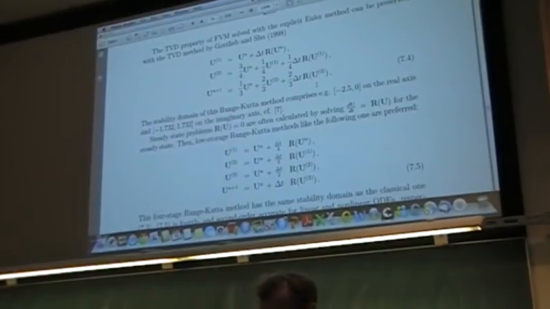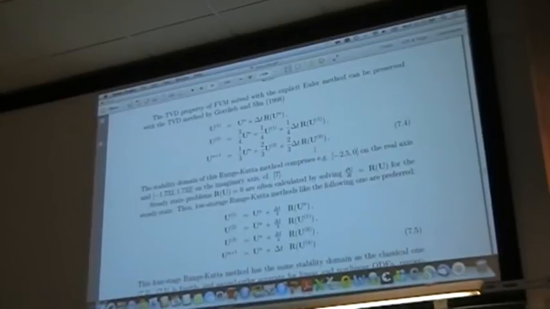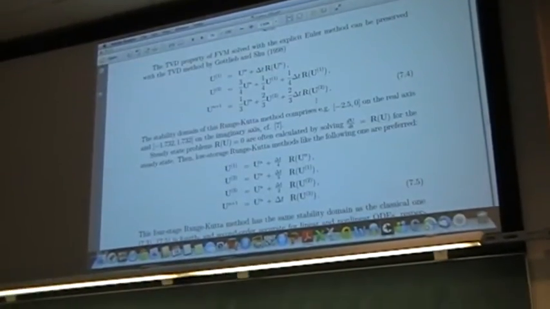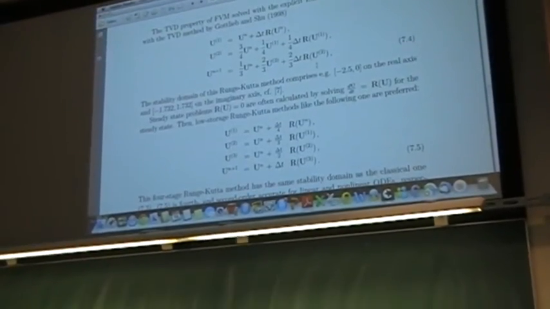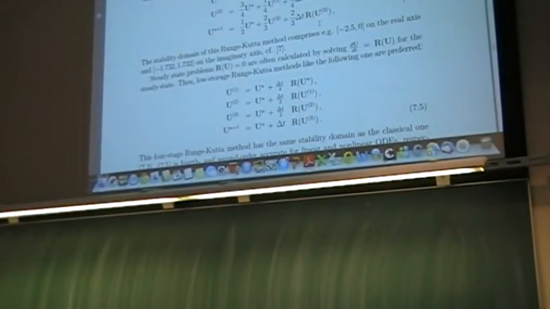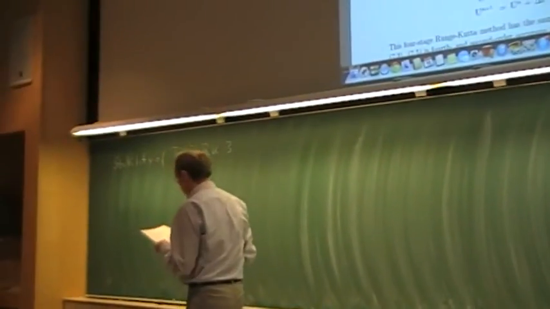So the equation 3 that we were discussing, that is equation 7.4 in the lecture notes. We want to discuss the stability of the TVD Runge-Kutta method. I call it RK3 because it's third order.